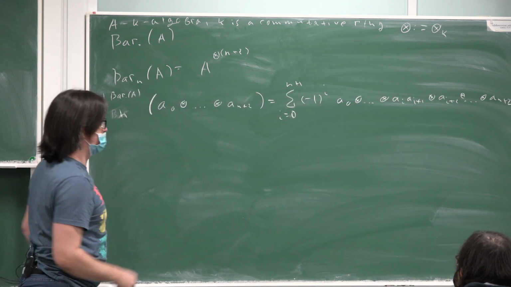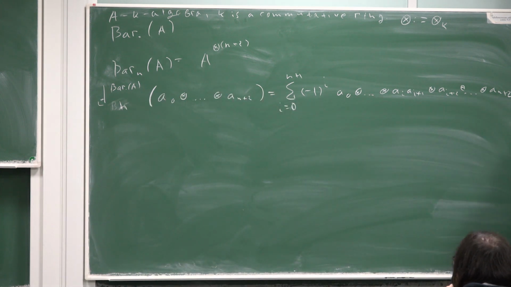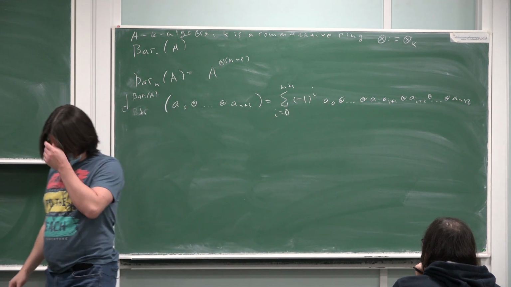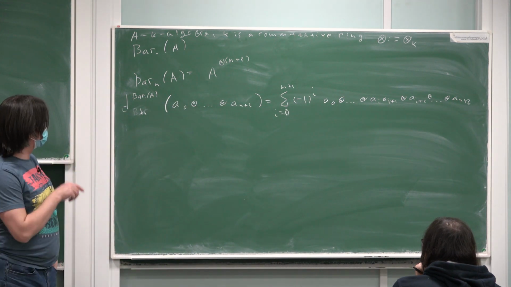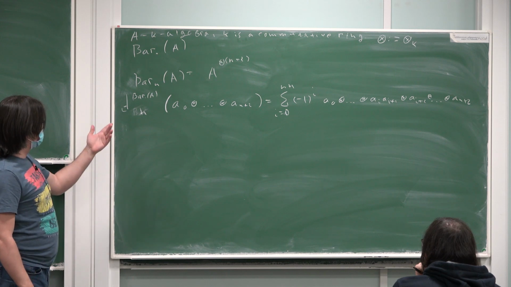So the number of tensors decreases by 1, and we get an element in the nth member.